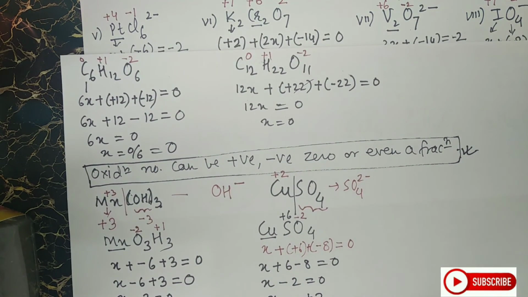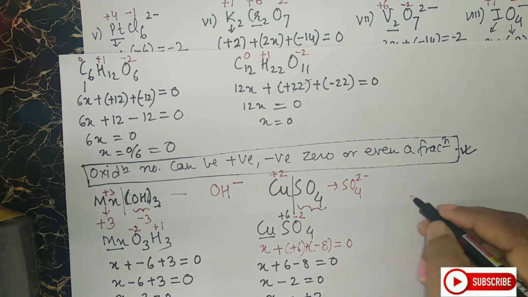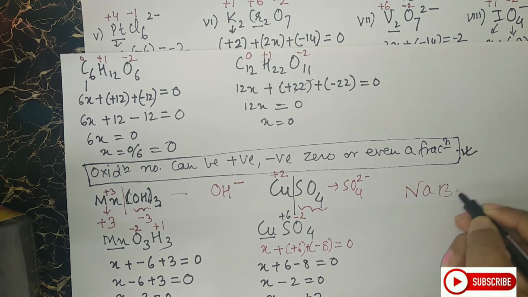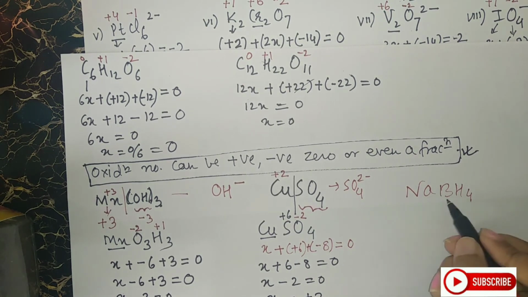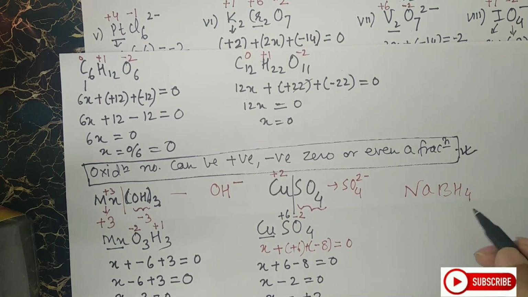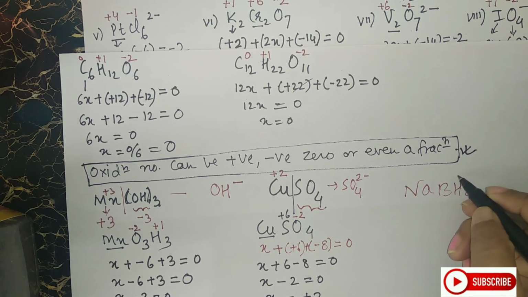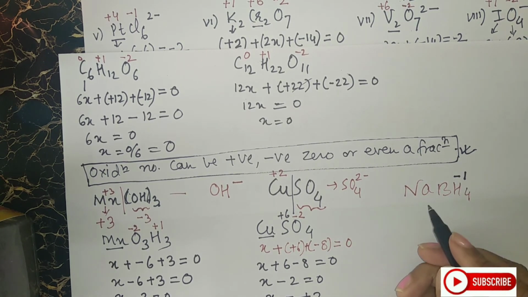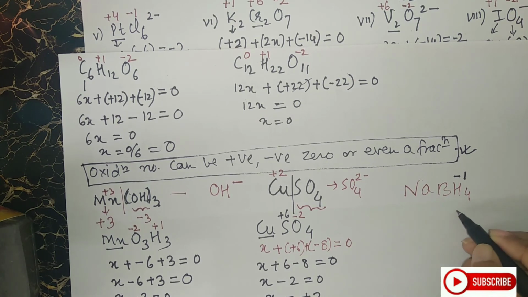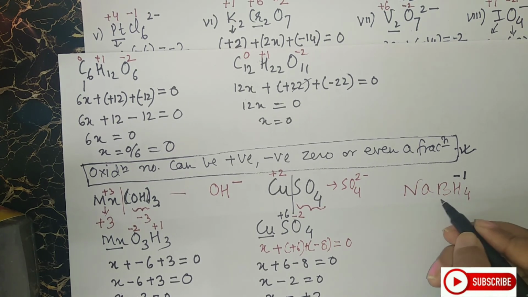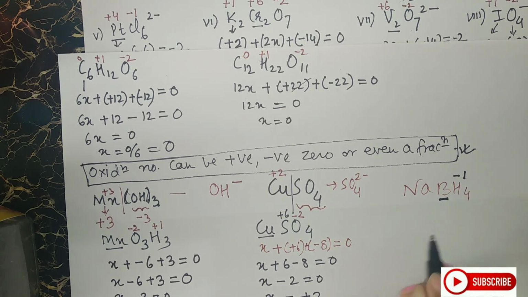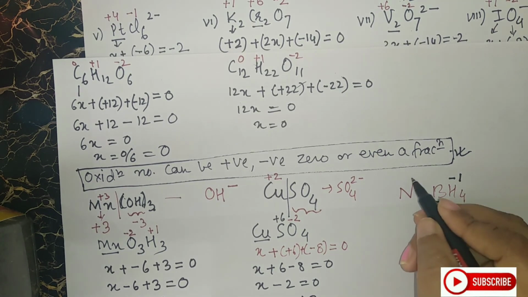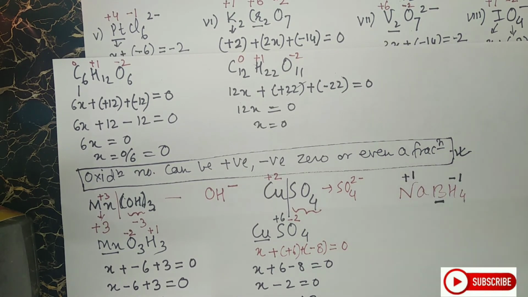Let us try one more example, and that is NaBH4. Now students, if you see the molecule here, those two are electropositive species, and therefore hydrogen will now exhibit a -1 oxidation state because it is attached to metals. So here I am supposed to calculate the oxidation state for boron. So let us start. Here sodium is from the first group, so this will be +1.